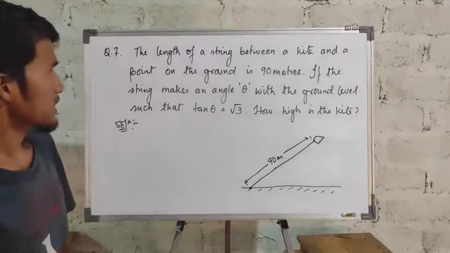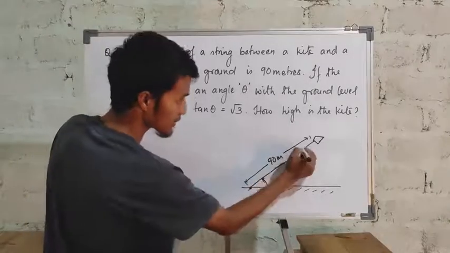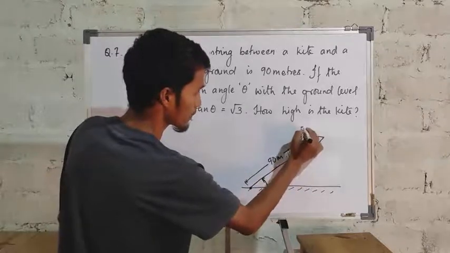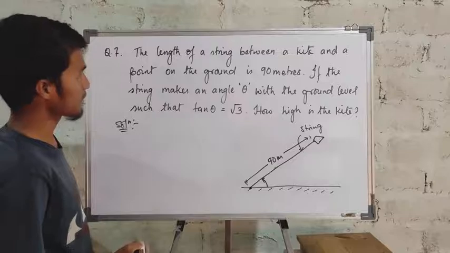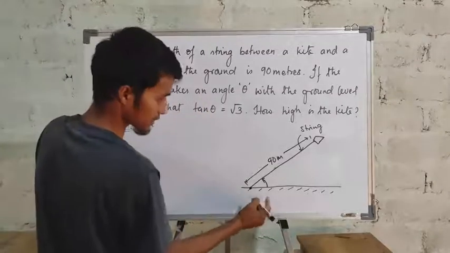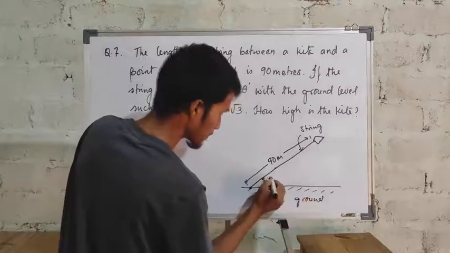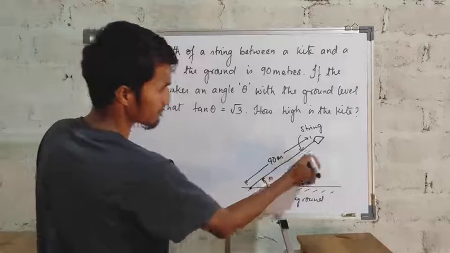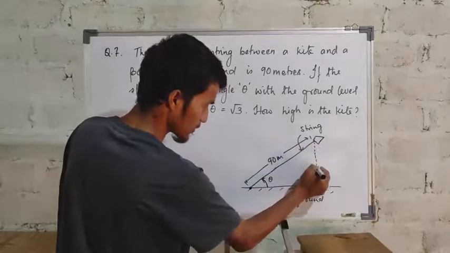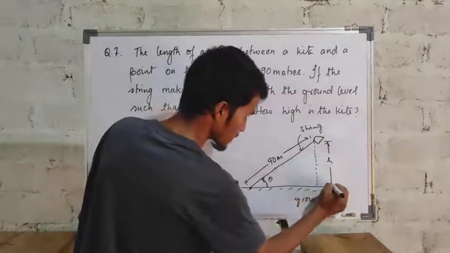Then if the string makes an angle theta with the ground, this is the string, S-T-R-I-N-G, make an angle theta with the ground, this is the ground. And how high is the kite? Mean how high? Mean from here. Again we need to find h.